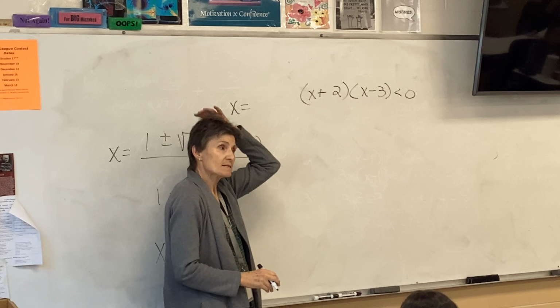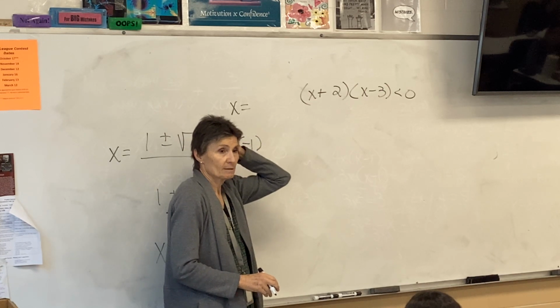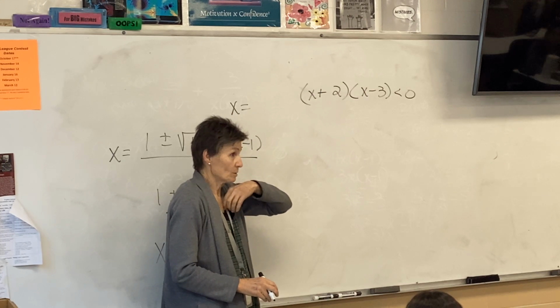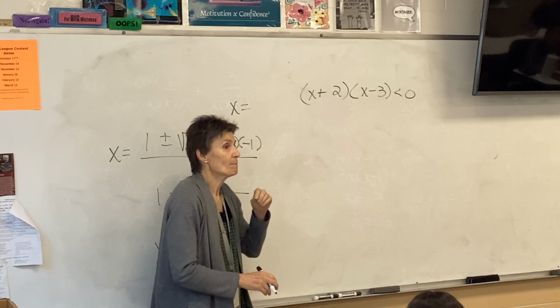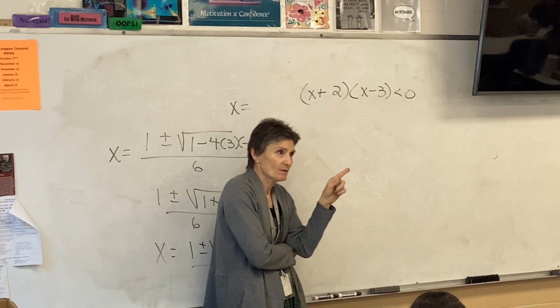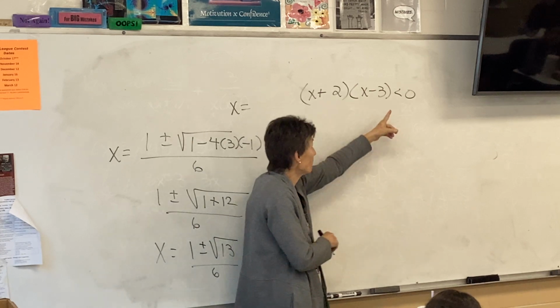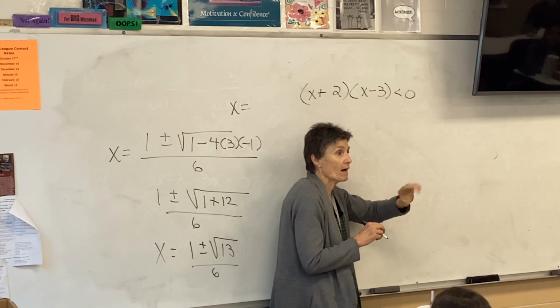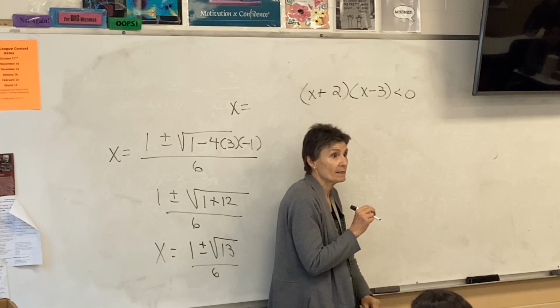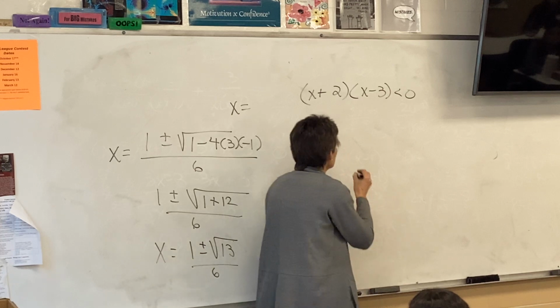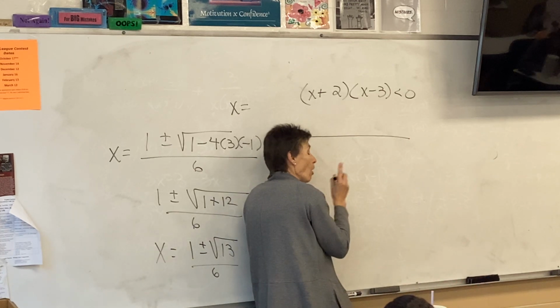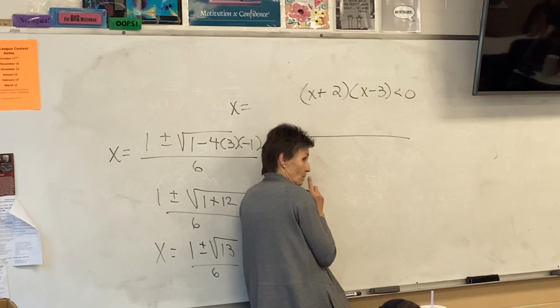What's different about this and the other problems that we were doing? This is a less than and not an equals. So who remembers from the beginning of the year, every time we had a problem with this inequality symbol, what did we do every time? We drew a number line. So I'm going to draw a number line. And I always put dots on that number line.